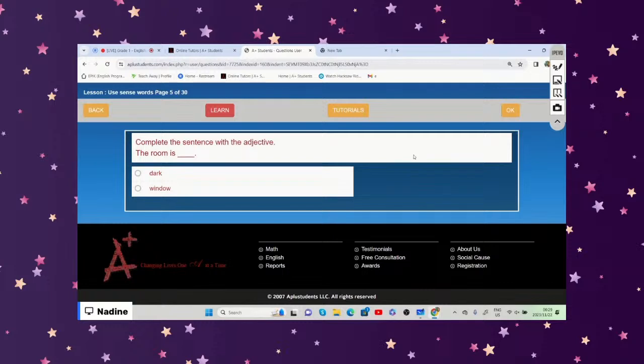And now it says, is the room dark or is the room window? Dark or window? So we need to choose the correct one.